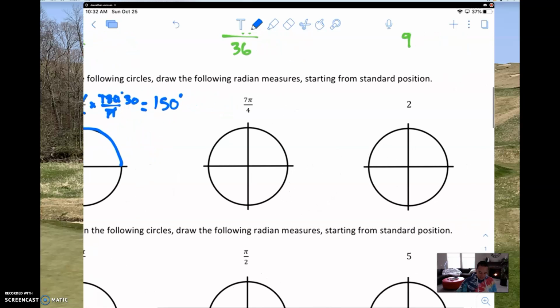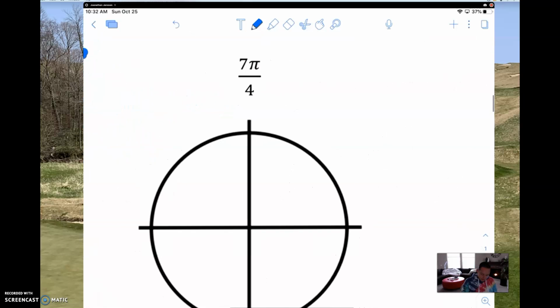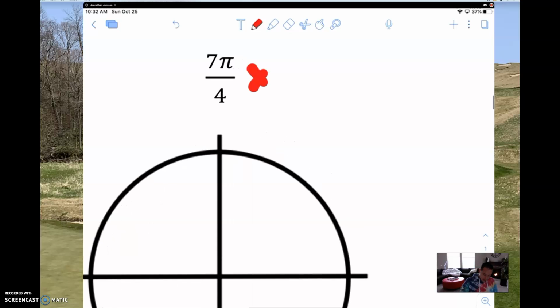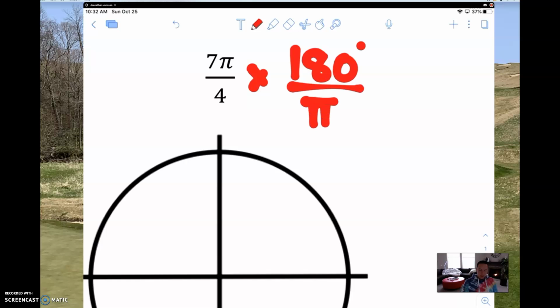We are now going to do 7 pi over 4. Let's convert that one into degrees. We're going to multiply it by 180 over pi. So 180 degrees matches with pi. The pi's will cancel out.